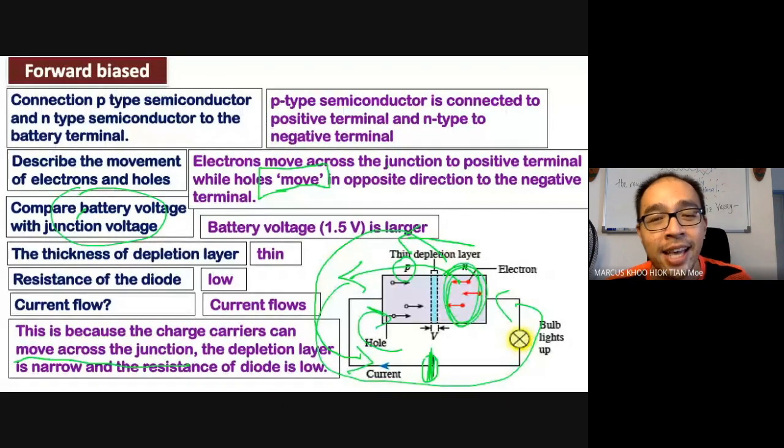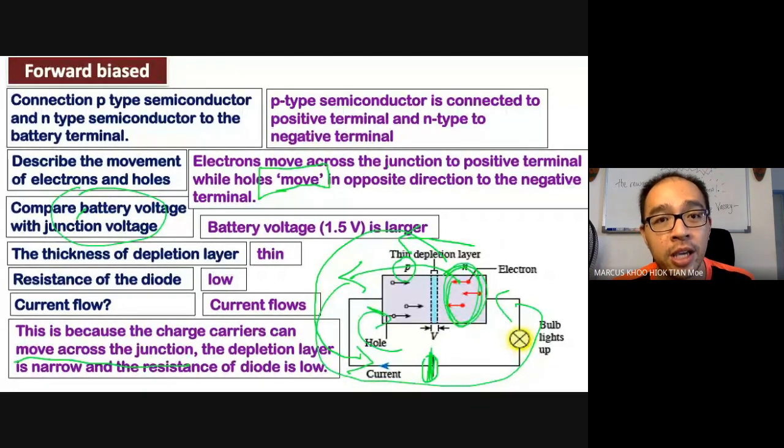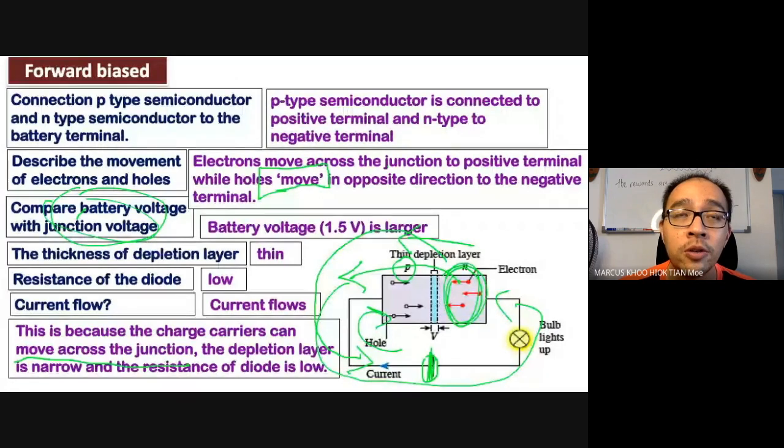I explained what the junction voltage is and what the depletion layer is. If I were just to talk about this, there would be many questions, like what is the junction voltage, what is the depletion layer, suddenly mentioned in the module. Even in your textbook, I read it and there's no introduction to the depletion layer or the junction voltage, and you're expected to understand just like that. So sorry guys, I had to make this long explanation about the junction voltage and depletion layer.